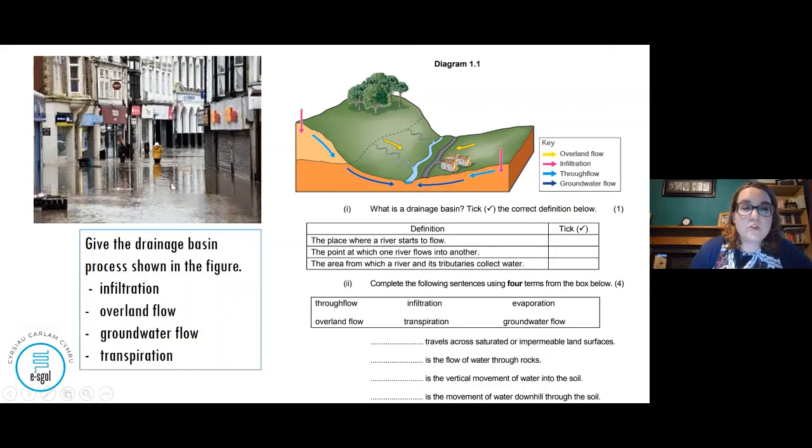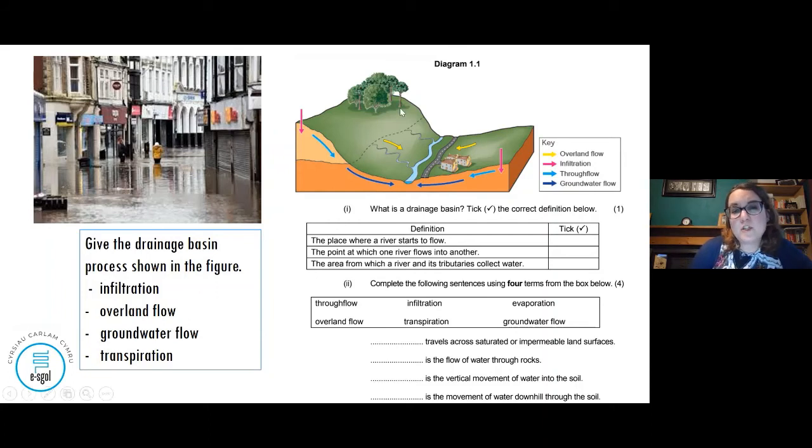I'm going to give you just a few seconds to try and identify which one you think that might be. Okay, this picture would represent our overland flow, because it's flowing over the land.